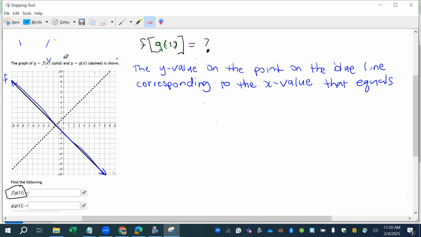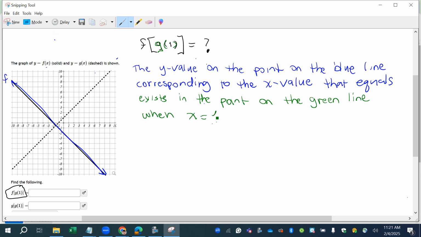So now I started off by talking about some point on the blue line, and I want to focus on the y value as my answer. But which x value should I align this point with? You want to find the x value that exists in the point coordinates on the green line when x equals 1.